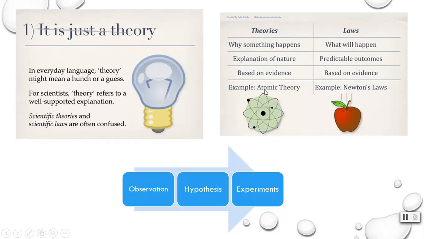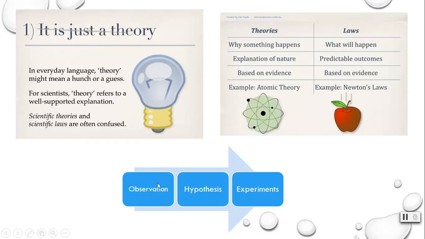The atomic theory is what explains why that is the case, and that would be called a theory. So, first point from this slide, know the difference between a law, which predicts what will happen, and a theory, which explains the why of why it happens.